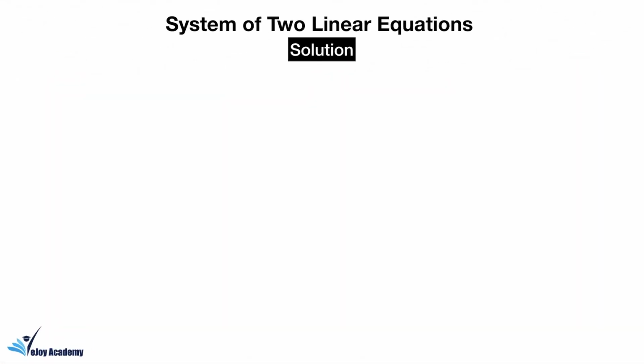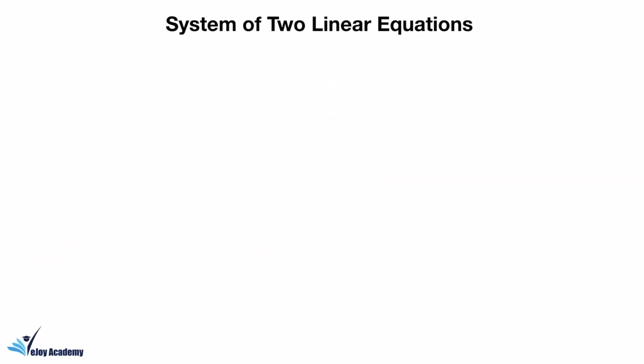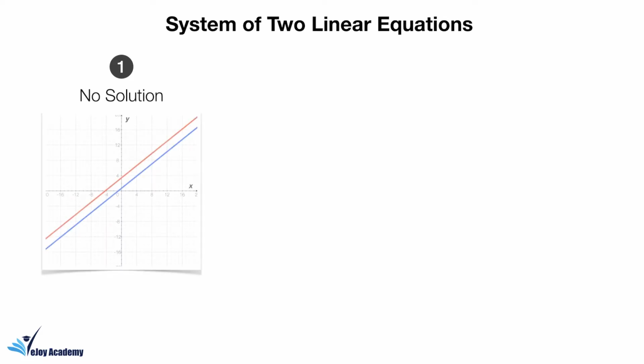So when you have a system of two linear equations, each equation represents a line in a 2D space, and the answer of this system of linear equations is basically the point of intersection of these two lines. There are three possibilities when you solve a system of two linear equations. The first one is when the two lines are parallel and they have no intersection.